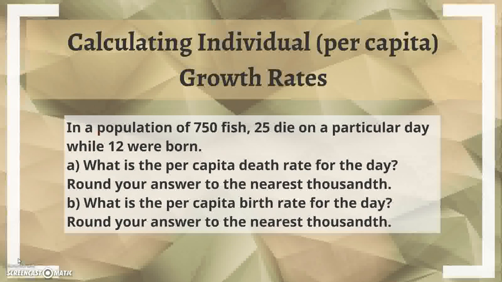Okay, so the first type of problem that we're going to look at is calculating individual or per capita growth rates, which we really just talked about. So we've got a situation here. We have a population of 750 fish. 25 die on a particular day while 12 were born. It wants to know what is the per capita death rate for the day, and it's telling us to round to the nearest thousandth.